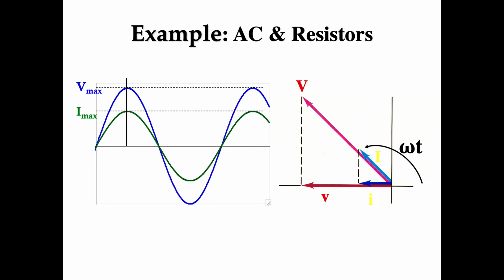The voltage and the current were in phase, and so I show you the voltage and current plot as a function of time, and then to the right of that is the phasor diagram at some instant in time so that the angle is omega times t. The red, or the magenta, represents V, the voltage, and the blue represents the current. The projection onto the x-axis represents the value of V or I at any instant in time.